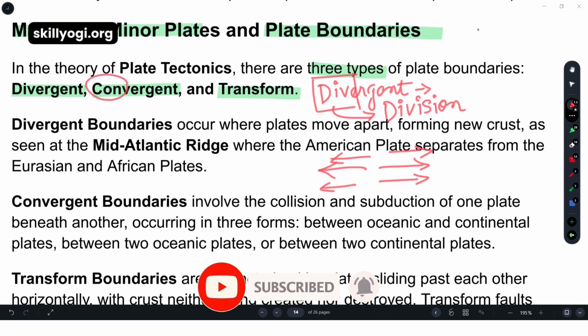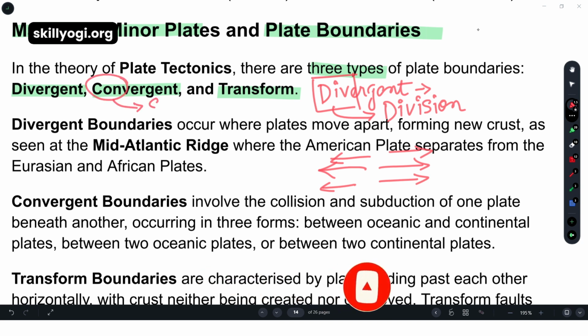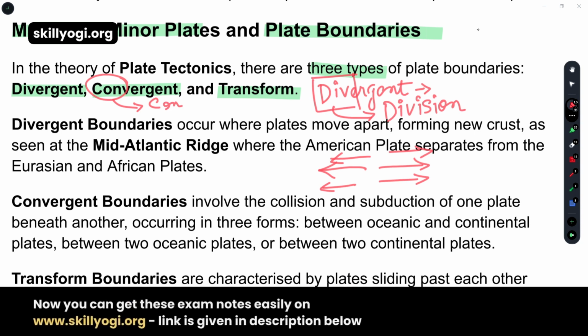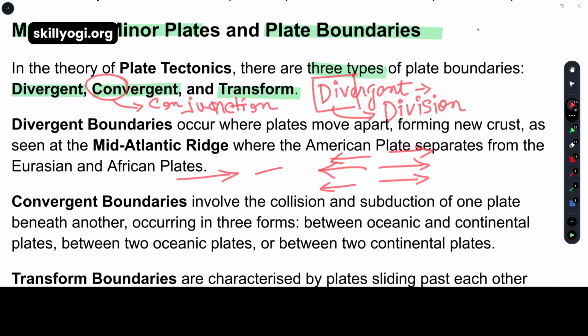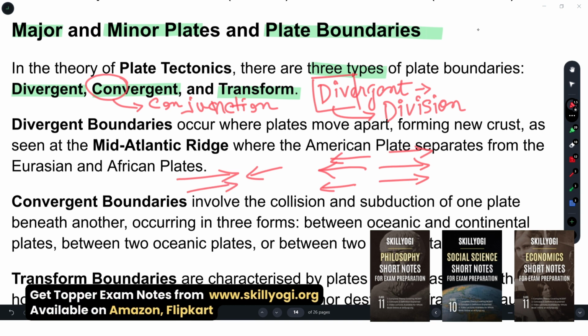Convergent: the word means conjugation or joint or anything else which is related to coming close, coming closer, right? Yes, both the plates are coming closer to each other.